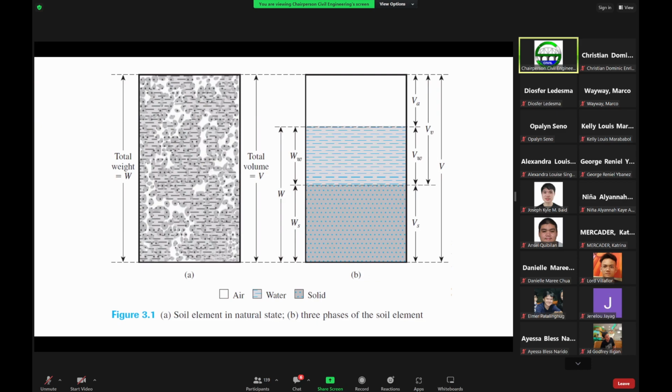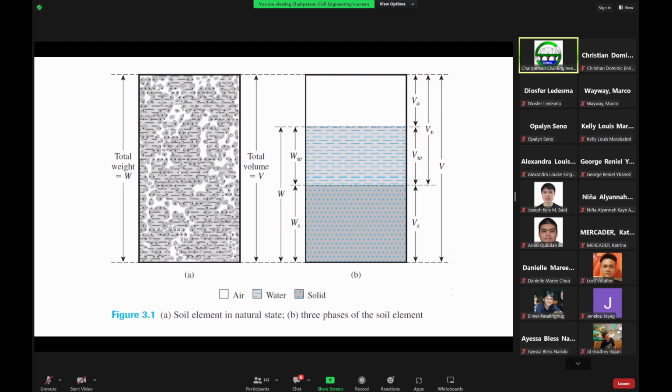So here on the left figure, we see the general soil element in a natural state. Basically, you see this dark shade with some spots; they are the solids.